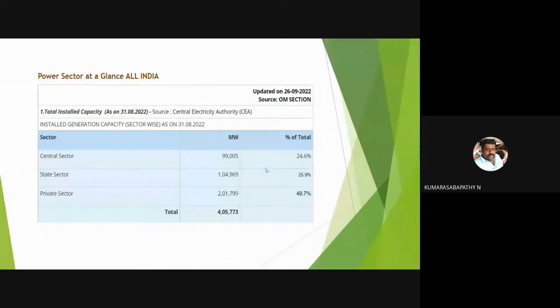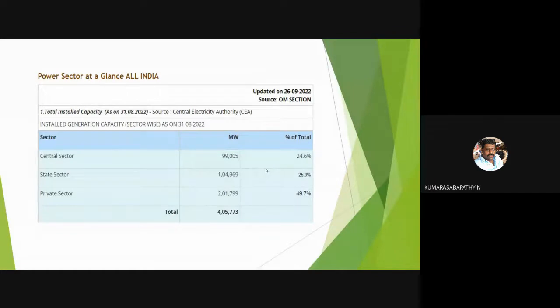The remaining nearly 50 percent of the power generated in India is from the private sector. This data is updated as on 26/9/2022. So it is the current installed generation capacity in India. Always the power demand will be higher than the installed capacity.